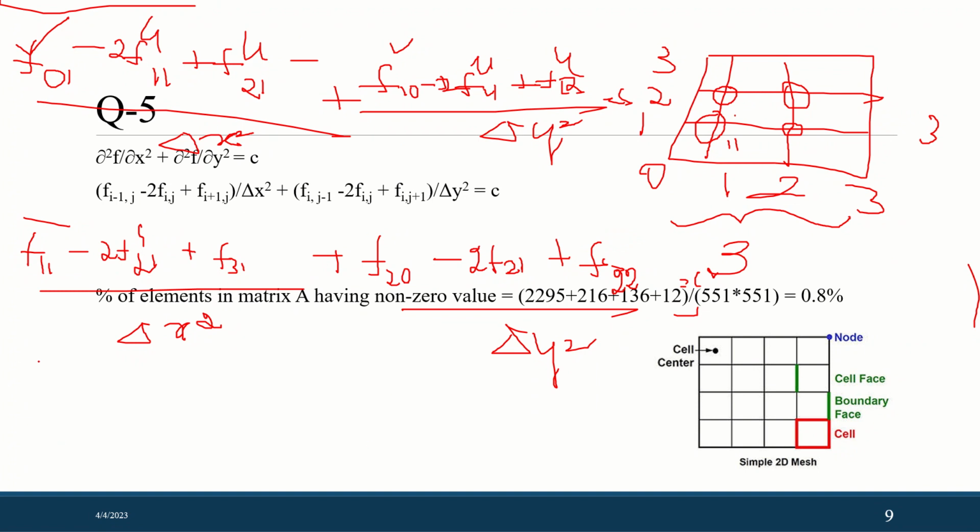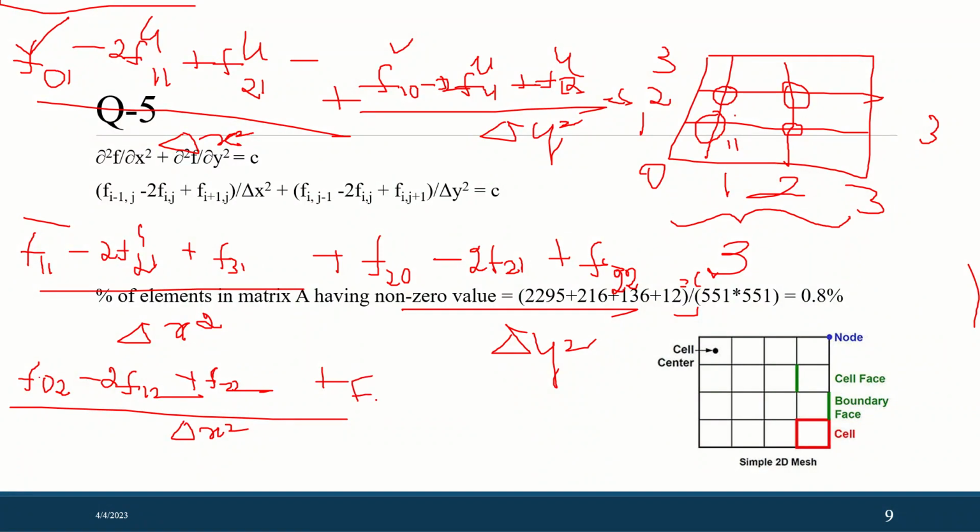So similarly we should be writing for f(1,2). So this would be f(0,2) minus 2f(1,2) plus f(2,2) divided by delta x square, plus, okay, we are writing for (1,2), right?